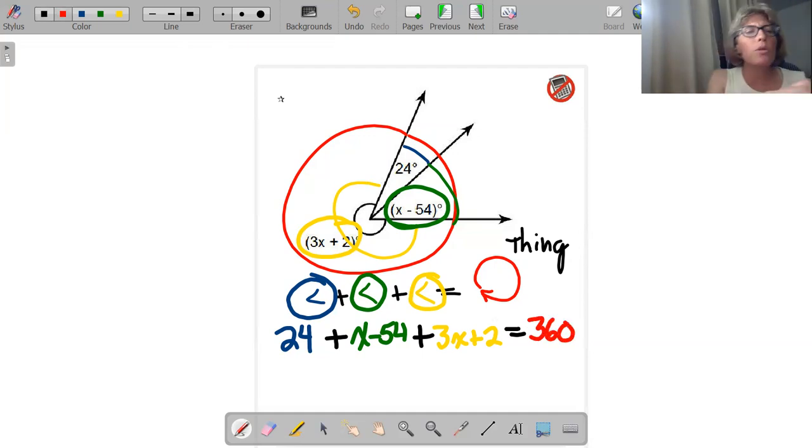Now you have everything you need to collect like terms. Solve for x. Once you solve for x, find all the angles in the diagram.